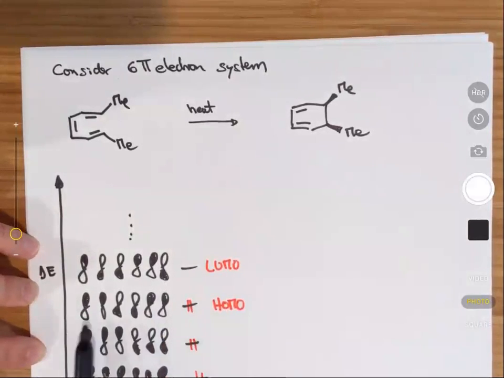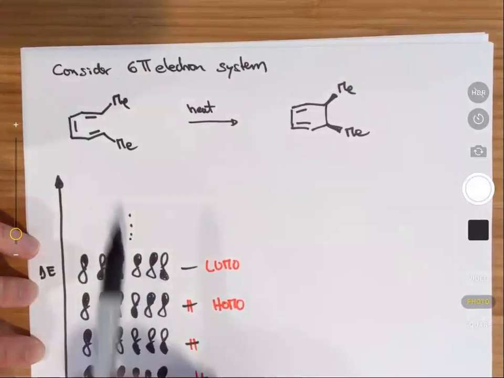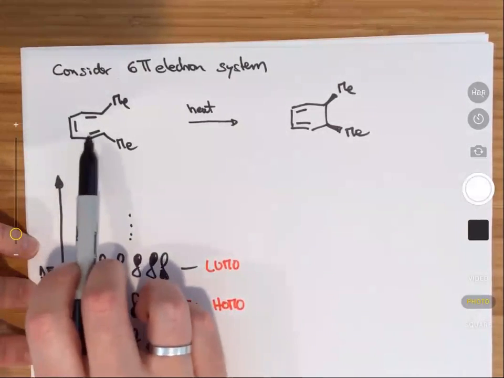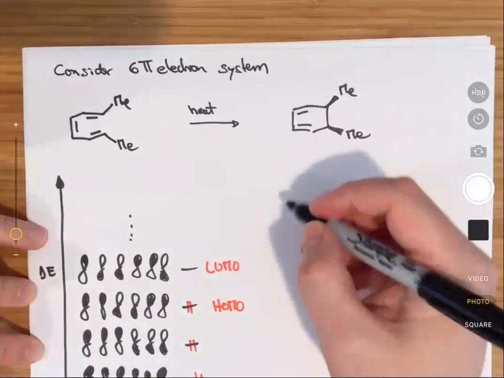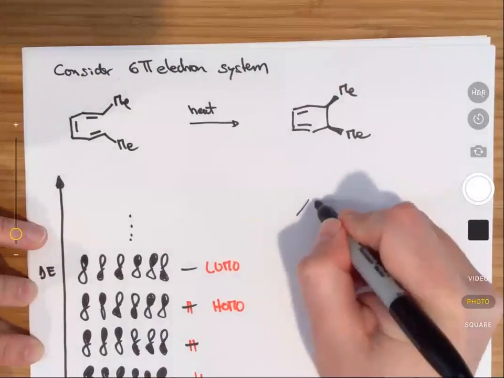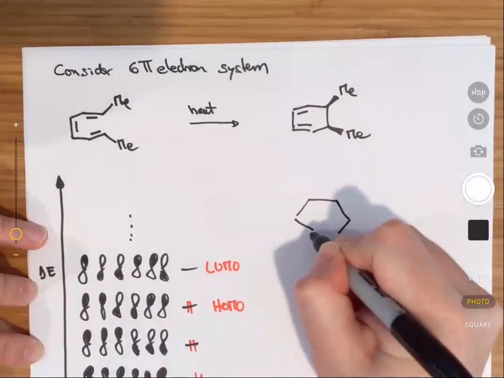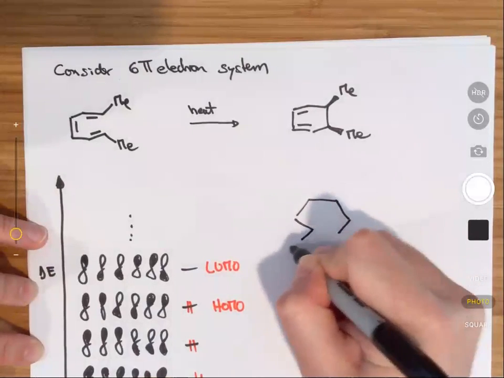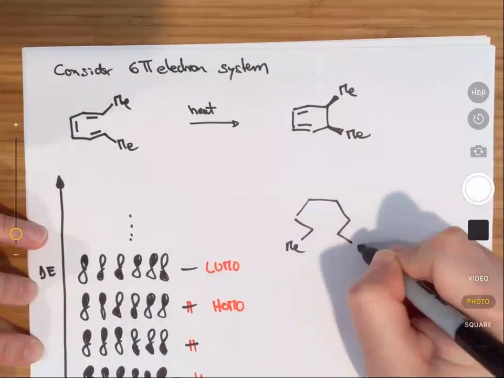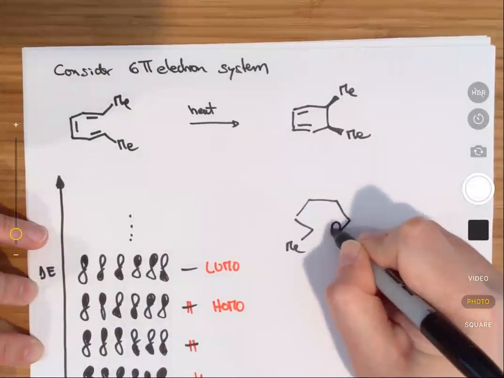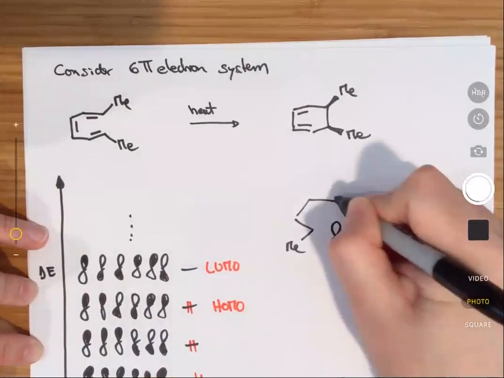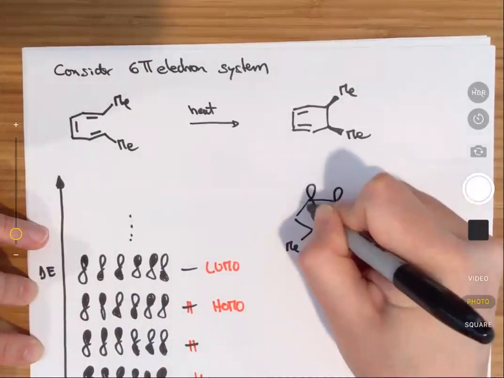So we can basically project these orbitals now onto the structure of the pi system that we have up here. So this would then basically look something like this. And then we have the methyl groups pointing outwards like this. So here are the p orbitals.